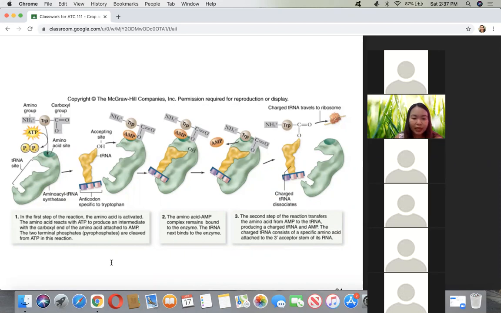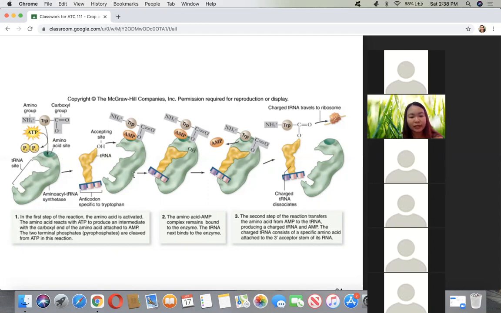I believe we have mentioned this already in the previous discussion. In the figure, this is what happens. As you can see, in the first step, the amino acid is activated and reacts with ATP to produce an intermediate, the carboxyl end of the amino acid attached to the AMP. The 2 terminal phosphates are cleaved from ATP in this reaction.